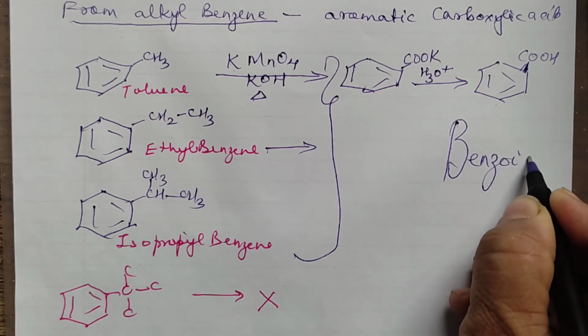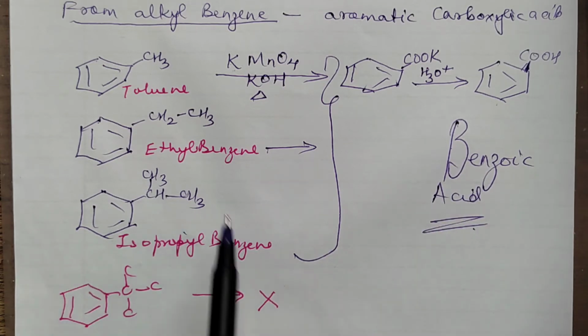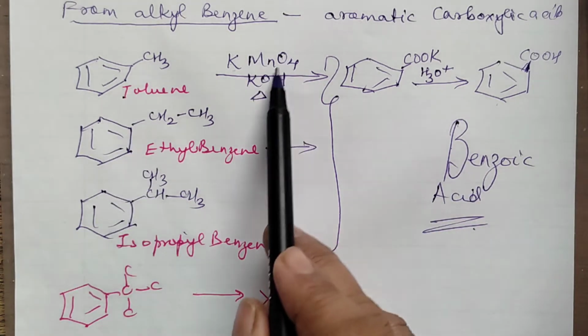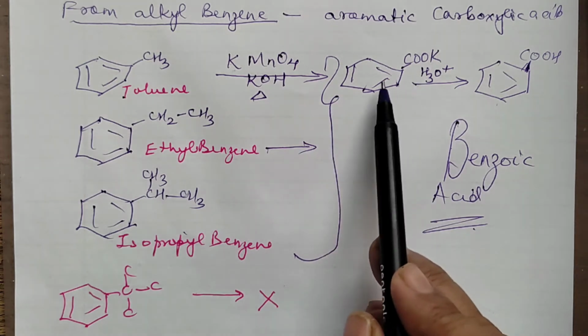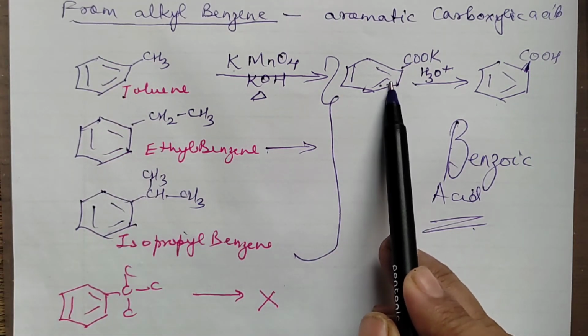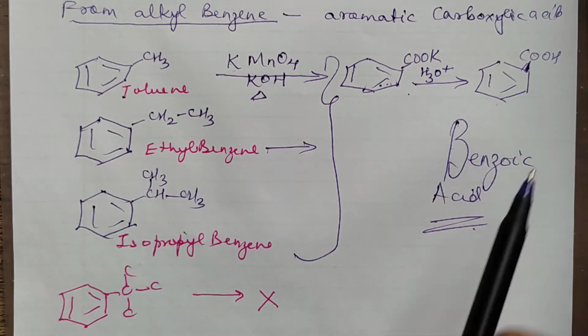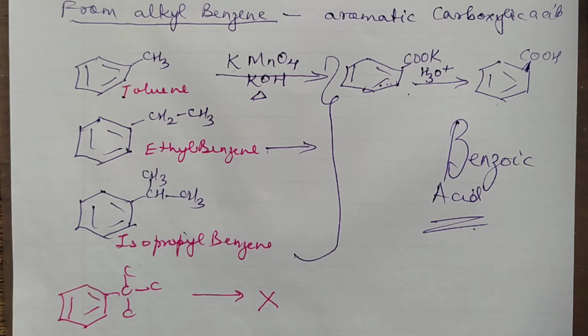Very, very important. You are getting benzoic acid in each case, whether you take toluene, potassium permanganate, KOH, and heat. First product will be the potassium salt of the benzoic acid, and further on hydrolysis in the acid medium you will be getting benzoic acid. But in case you use a tertiary radical, then no reaction will occur.